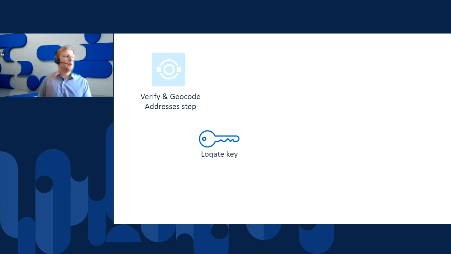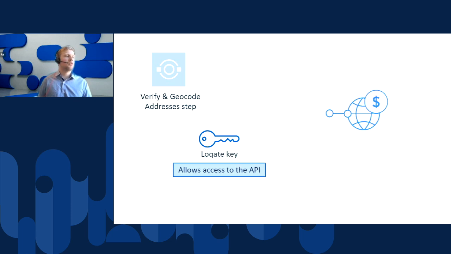But just like we saw with Esri, accessing that API, calling this third-party resource to geocode or to validate addresses, it does incur a cost, and that cost will be determined by your relationship with locate. So that's something that you would need to figure out based on what sort of contract or account you have with them.